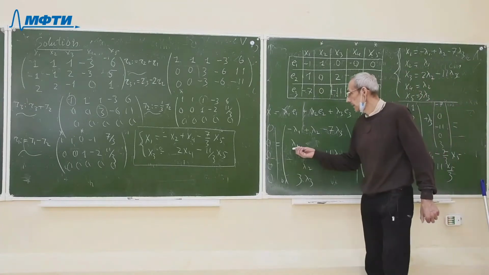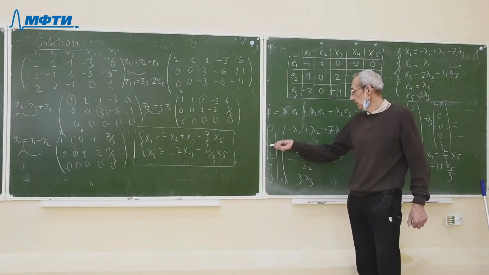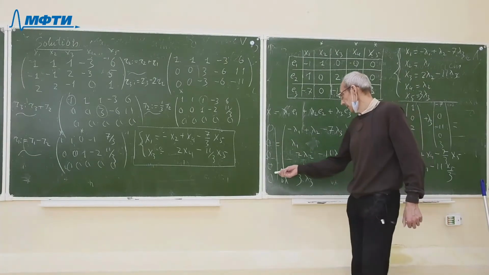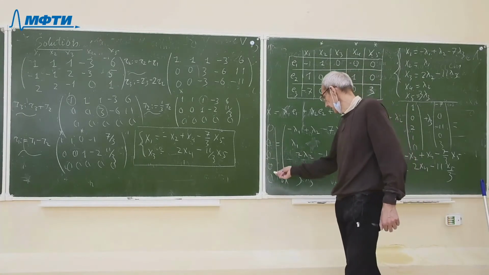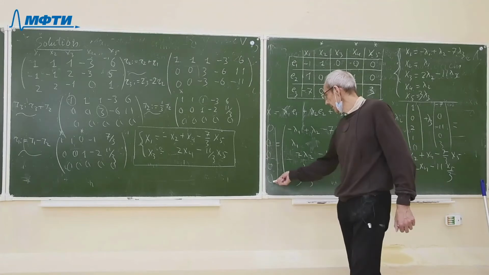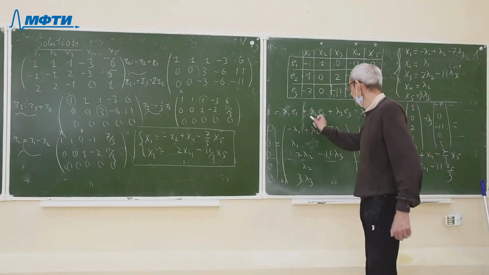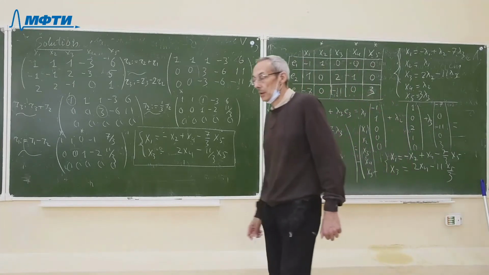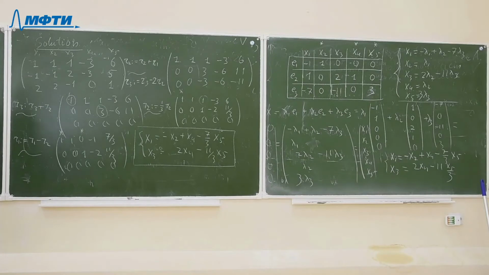We can consider the second term in these columns, lambda 1, which is equal to 0. The first term, lambda 2, is also equal to 0, and the last term is also equal to 0. And we obtain that all coefficients of this linear combination equal 0. It means that the vectors are linearly independent.